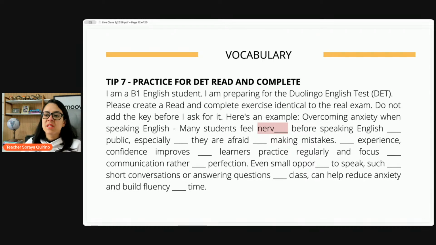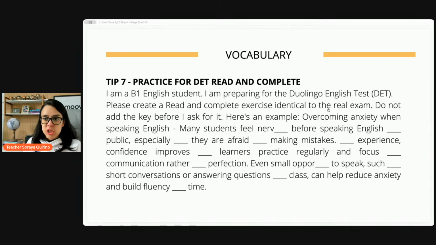These words, they usually have 1, 2, 3, 4, or even 6 letters to help you figure out what word you need. And you also know the number of letters that are missing, okay?